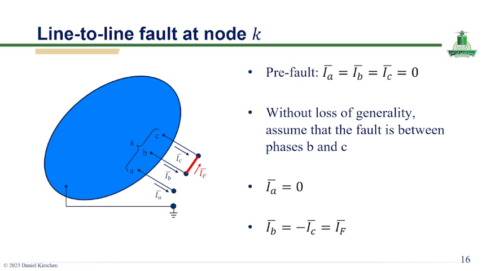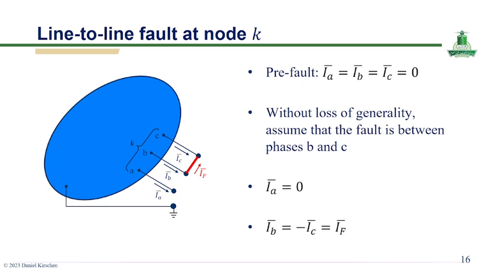When the fault occurs, phases B and C become directly connected, creating a path for current to circulate between them. As a result, the current in phase A remains zero since it is not involved in the fault. Meanwhile, the currents in phases B and C are equal in magnitude but opposite in direction, such that IB is equal to minus IC is equal to IF.